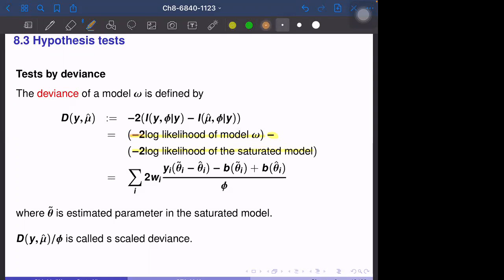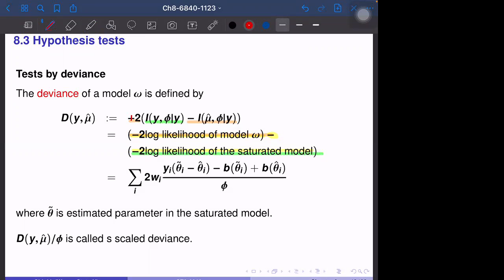So you can see that this negative 2 times corresponds to here. And the next one corresponds to the first one. So I think that this should be a positive sign, with the larger and smaller. So this should be a positive sign.